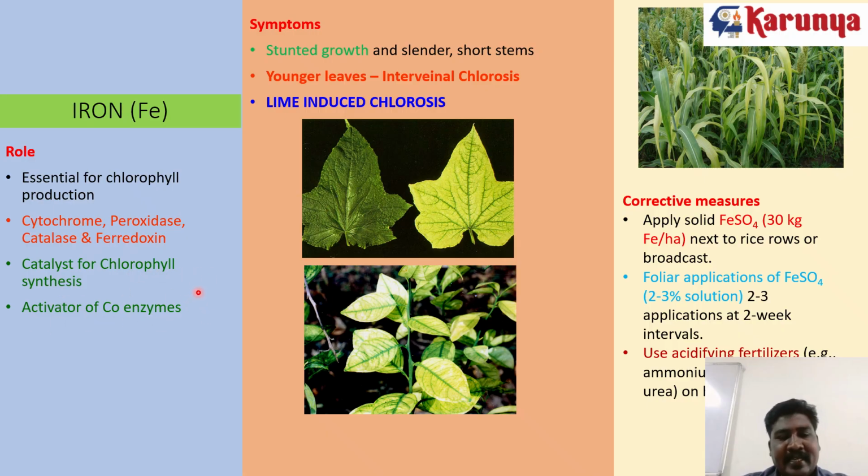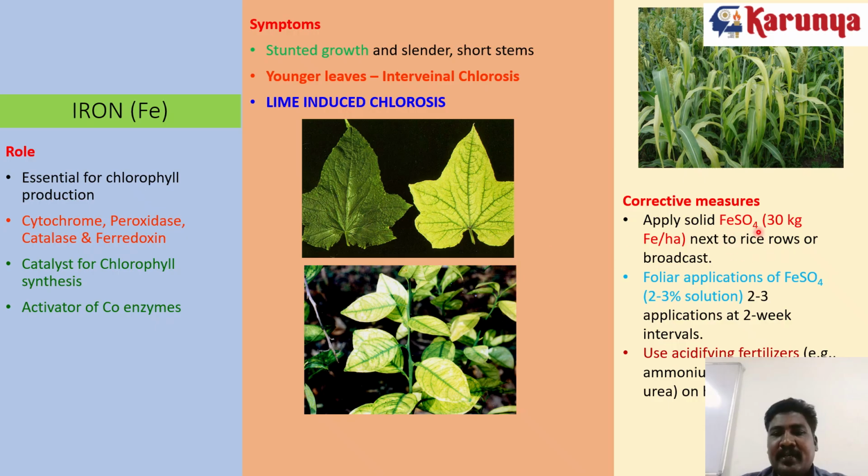This iron is acting as a catalyst, means increasing the speed of reaction. The symptoms are stunted growth, then interveinal chlorosis. This chlorosis is called interveinal chlorosis or lime-induced chlorosis. If it is due to lime or calcium carbonate, the chlorosis is called lime-induced chlorosis.